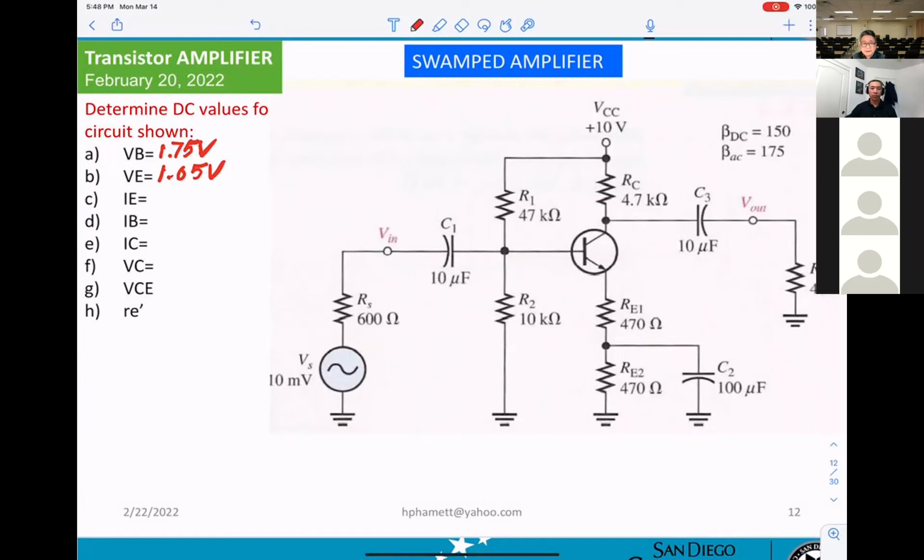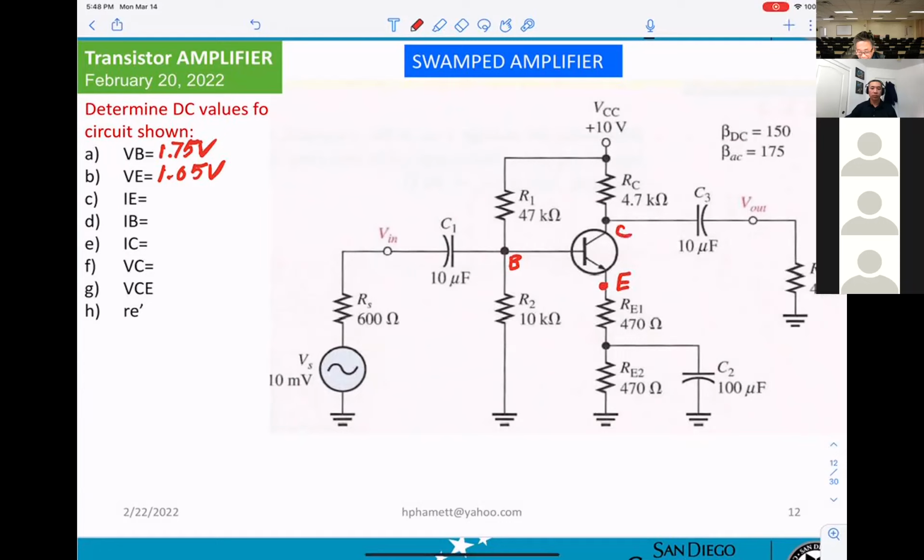Mr. Pham, a real quick question. On that one where you have the two resistors and you do VB and VE, the RE's have to be added together, right? For the DC side? Yeah, but the thing is you understand that to be right here, E right here, but this will be collector.